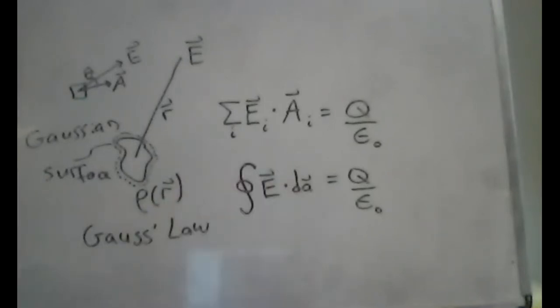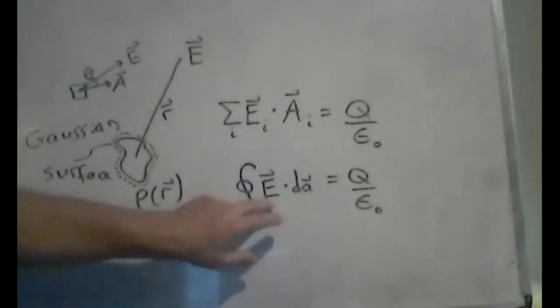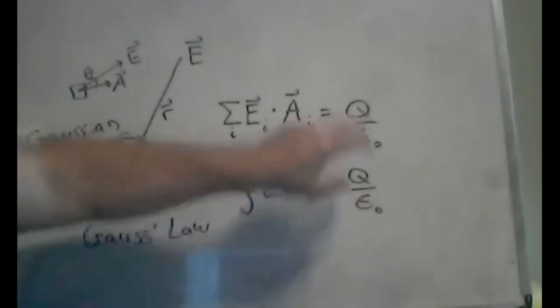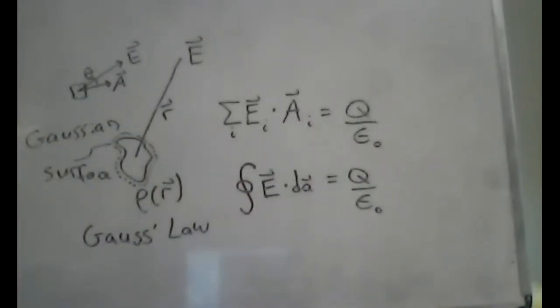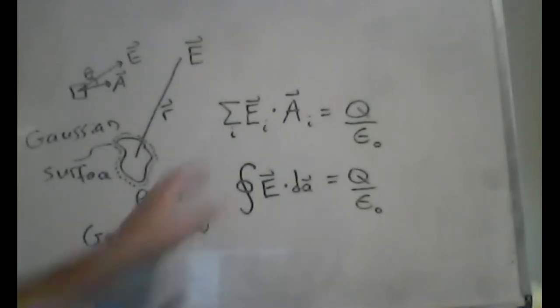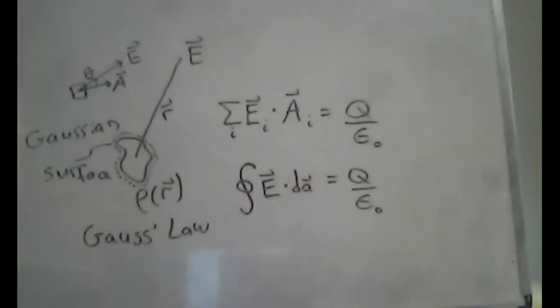But in general, you get a relationship for the electric field as a function of the radius. That's the answer that I want: E as a function of r. I can always get it by using Gauss's law. But the problem is, most of the time, Gauss's law is too hard to do. You have to be taking graduate-level electromagnetic theory to have a chance of being able to do this.